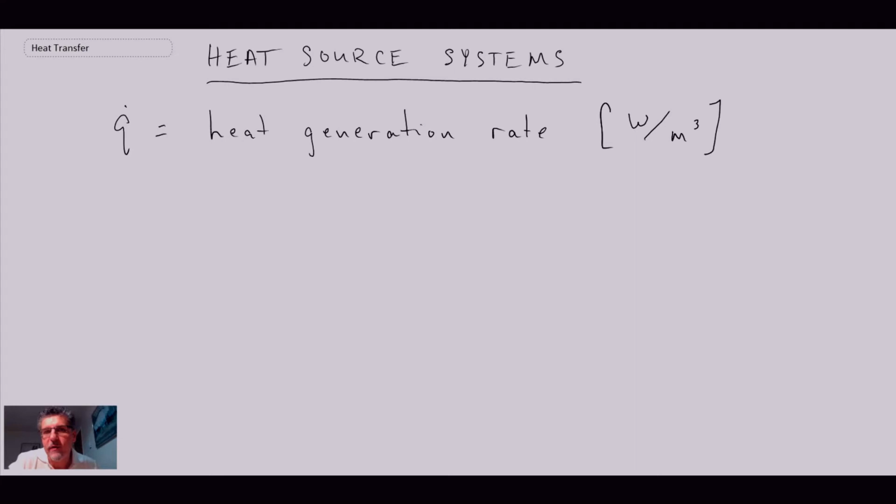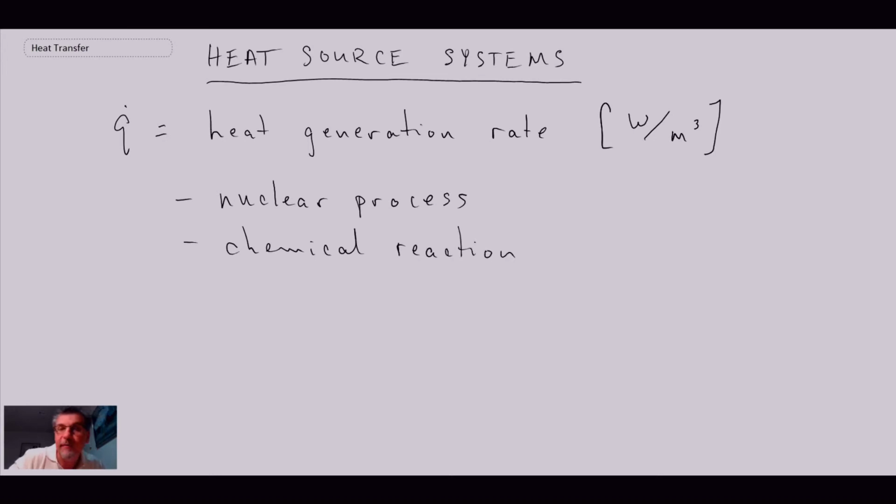The source of that internal generation could be from a number of different sources. It could be from a nuclear process. It could be from a chemical reaction, and the heat generation rate could be either positive or negative, so it could be an exothermic or an endothermic reaction.